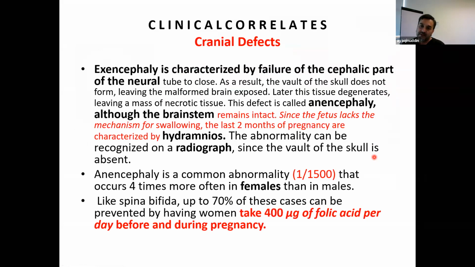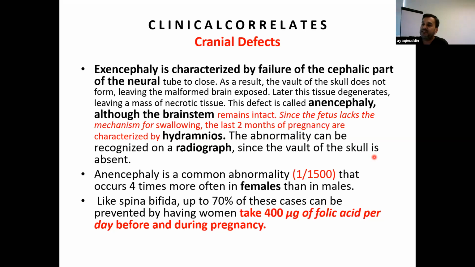The other defects which you can see, one of the other rare types of defect, is exencephaly, which is characterized by failure of the cephalic part of the neural tube to close. So if the cephalic part of the neural tube fails to close, there is no wall of the skull which is going to develop, and the brain tissue would be exposed to the exterior.